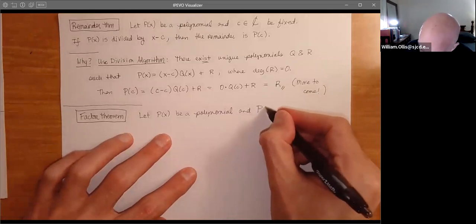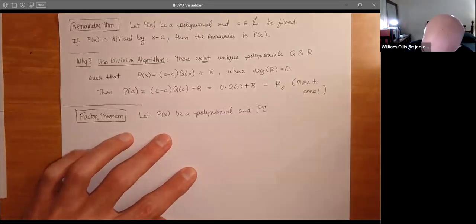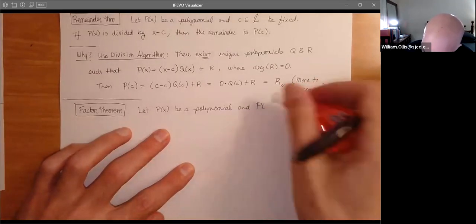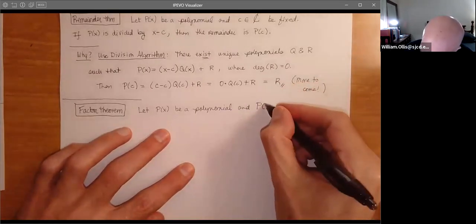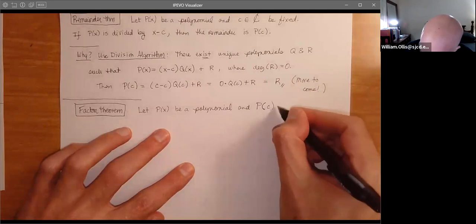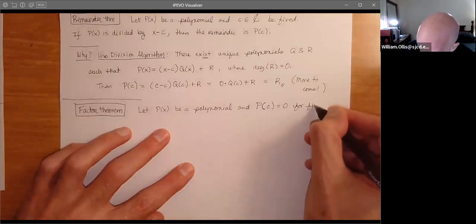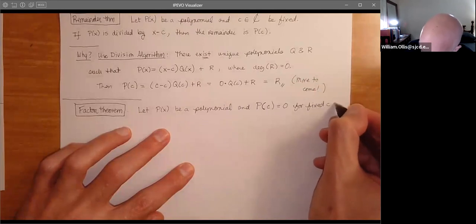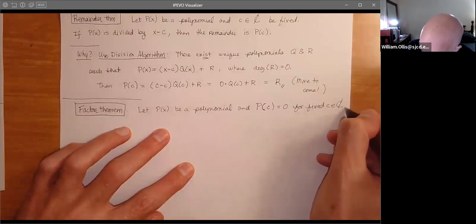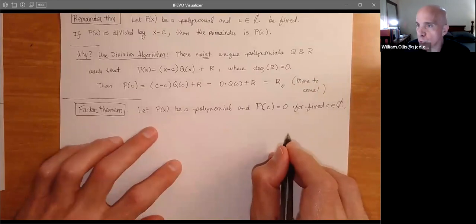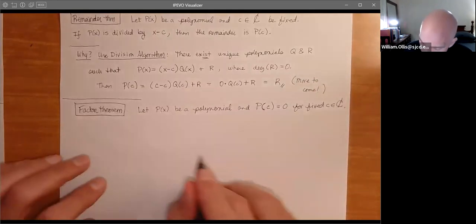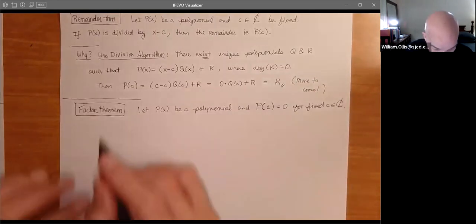We're going to say P of C, well, let me make this parenthesis look less like a C. P of C equals 0 for fixed C, some complex number. Maybe it's just a 2 or 1, you know. So we have a 0.